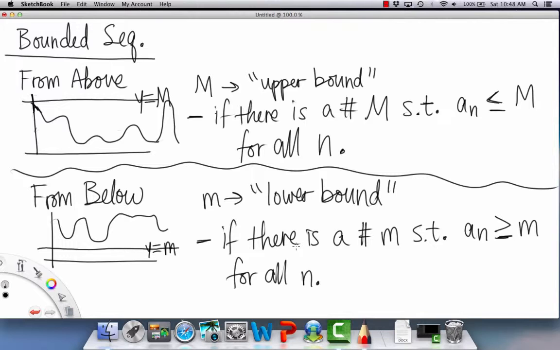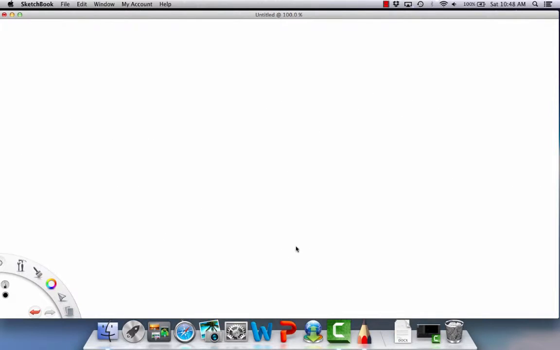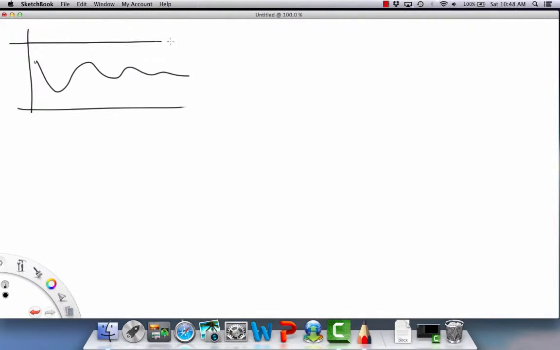Now just to build off of that, let's say we have some sequence, and the values go here to here to there, and let's say it stays below the capital M that I was talking about, so this is our upper bound, and it's always above a lower bound, little m.